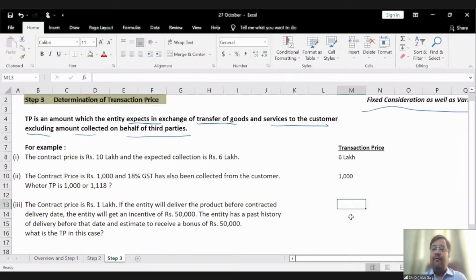Okay. Friends, the builder has a past experience of always delivering before the contracted delivery date. Suppose I purchase a flat from that builder, and in the agreement the builder has given a timeline of 3 years. I cannot tell the builder anything if he does not deliver before 3 years. But he always has a past history of delivering before 3 years.